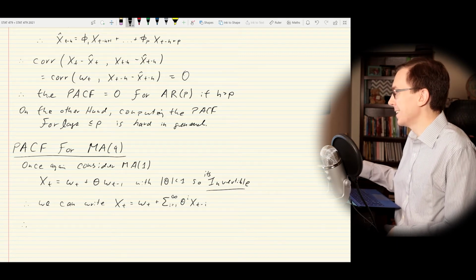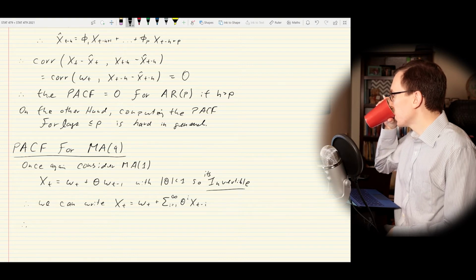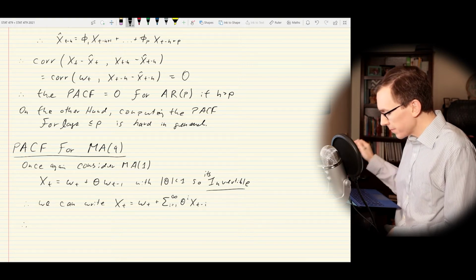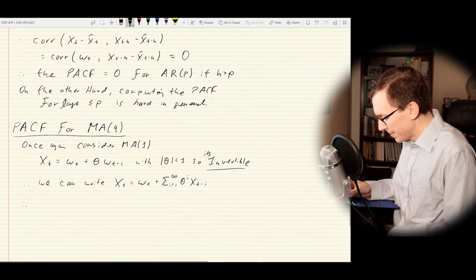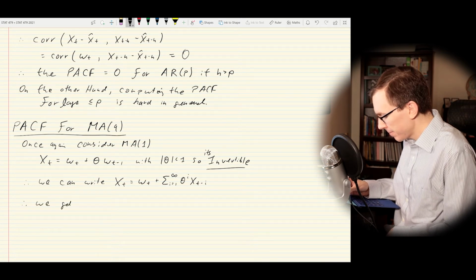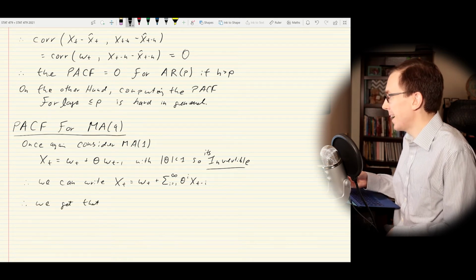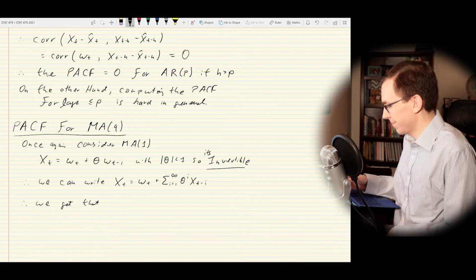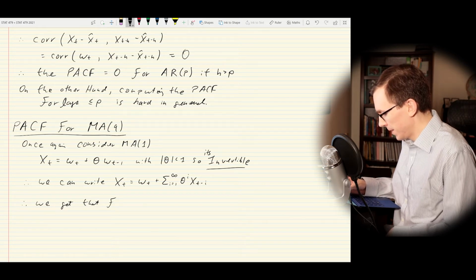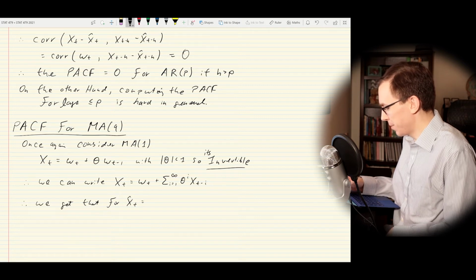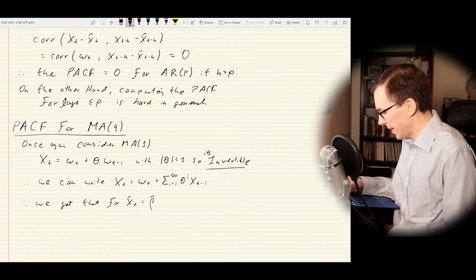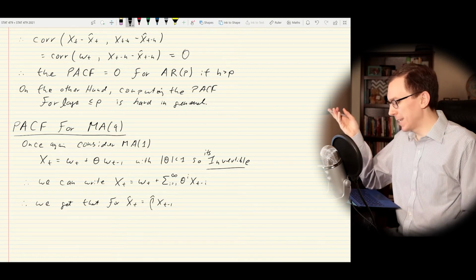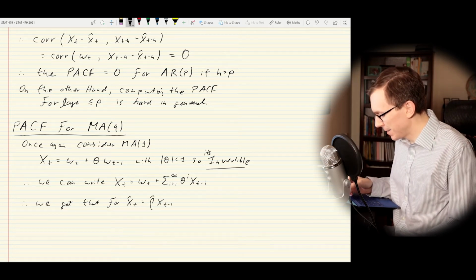So, therefore, once again, for trying to predict x hat t from the previous observation, x t minus 1, we're going to get, in some sense, the exact same thing we did last time.